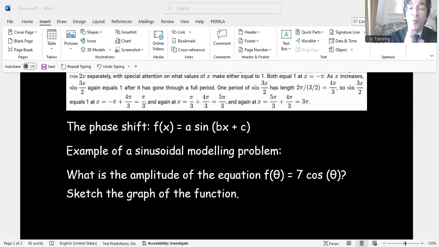And in general, for a cosine function, we have f of theta equals a times the cosine of theta.